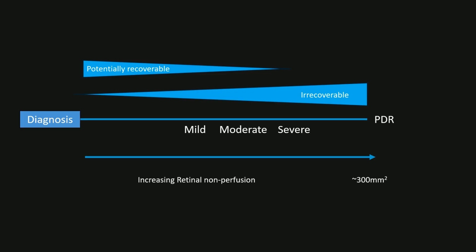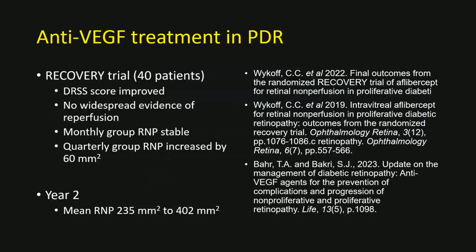So we can ask then, what effect does anti-VEGF treatment have on retinal non-perfusion? Well, the recovery study and some others have shown that there might be some reperfusion following anti-VEGF treatment, but the statement in the paper is that this was not the case in most of the patients.